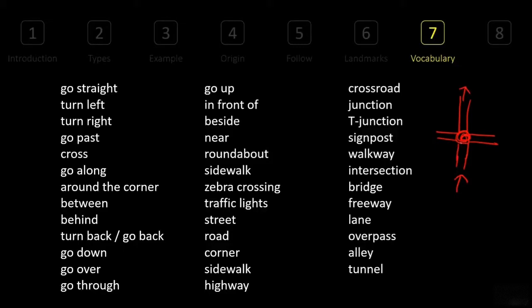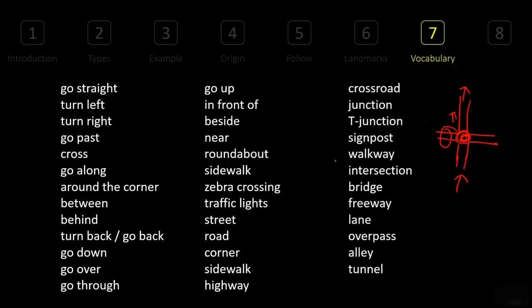This is not how instructions are provided. They'll say, go straight at the roundabout, or at the roundabout, take the second exit. So this is the first exit, this is the second exit. And this is how Google Maps gives instructions. But because we never use these instructions in everyday life, what happens? We don't understand them in the audio as well, and we get stuck.